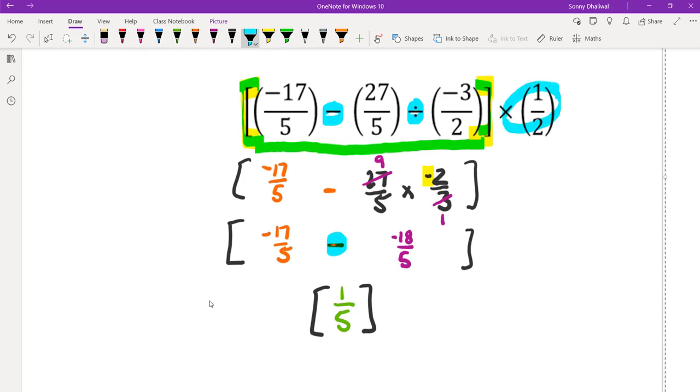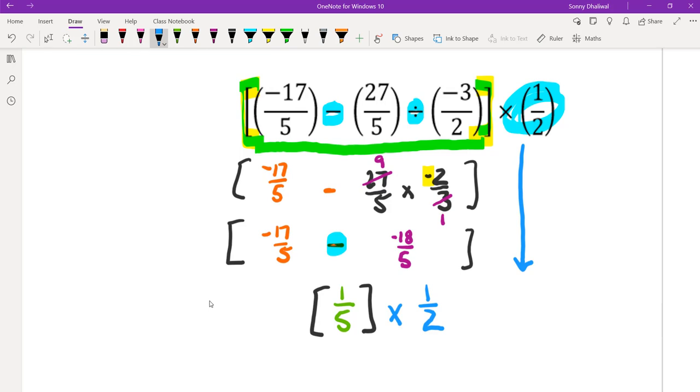Then we look at the other stuff that we ignored. We still need to do that, as it's a part of our expression. So I'm going to draw a little arrow here. This is what we forgot to do, or still haven't done. Now, this is multiplying, because this bracket is multiplied by this.